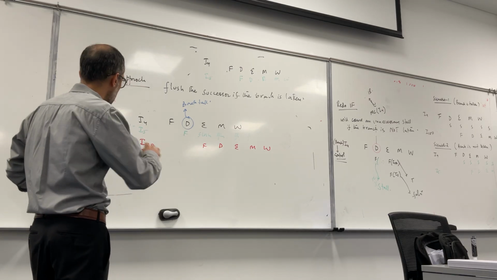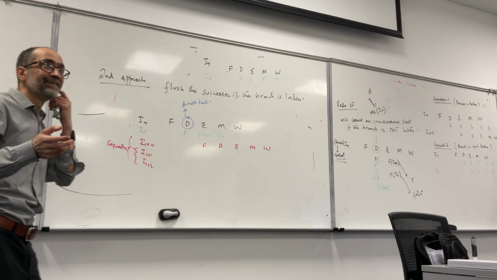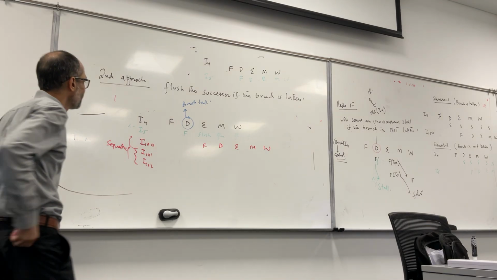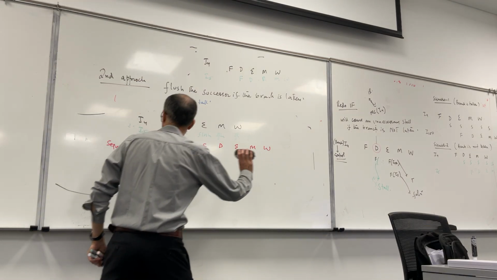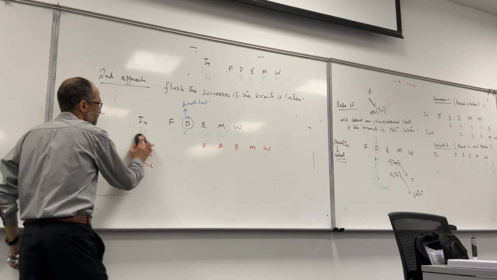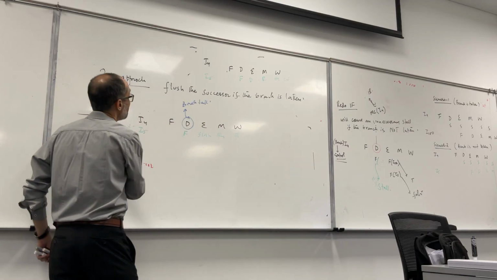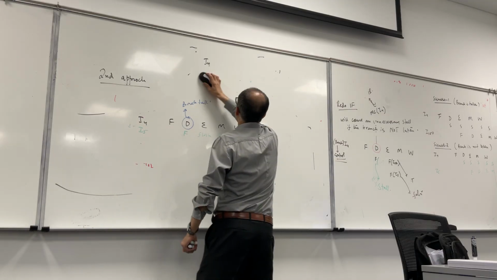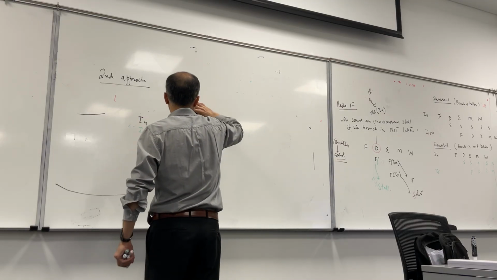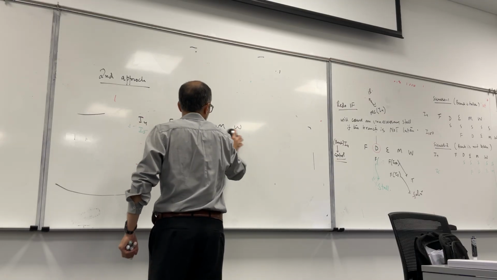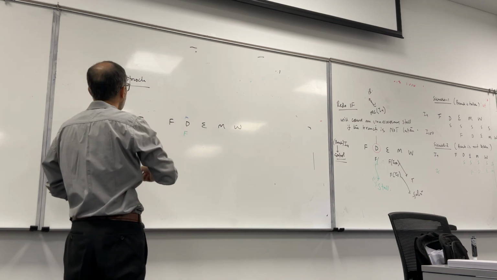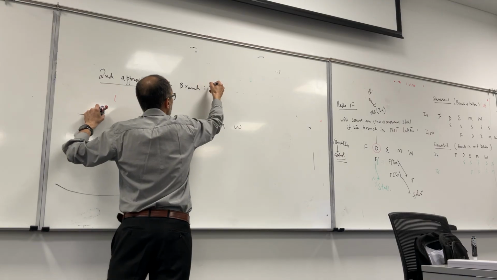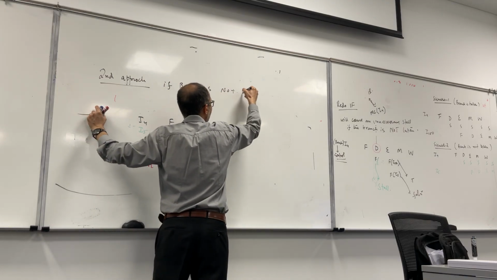But if the branch is untaken, do we need a stall? No. So now the second approach, if the branch is not taken.